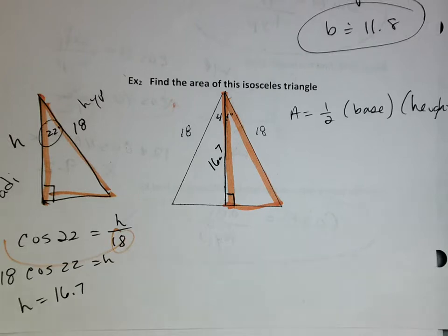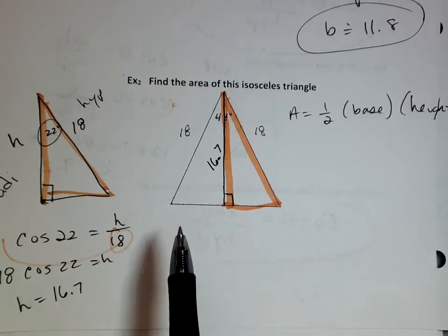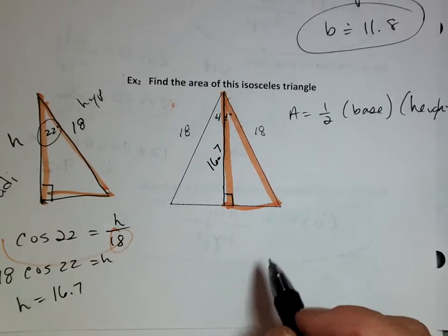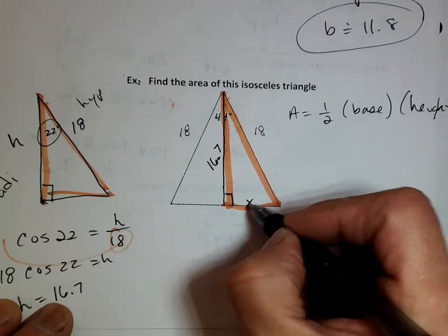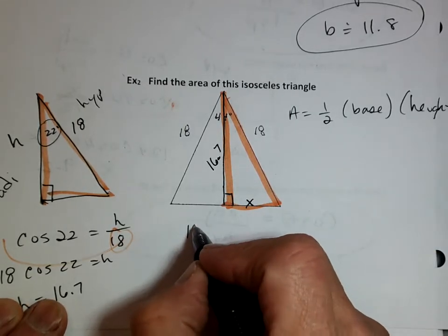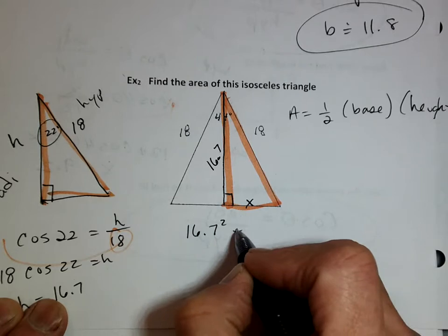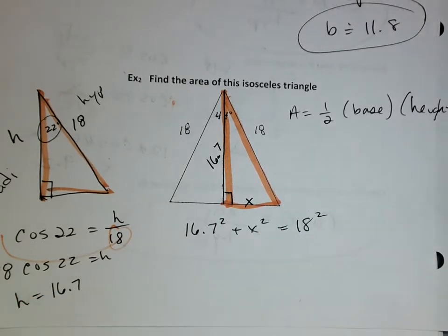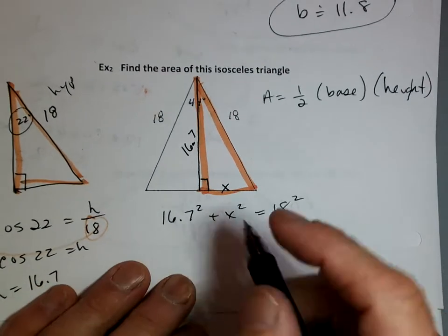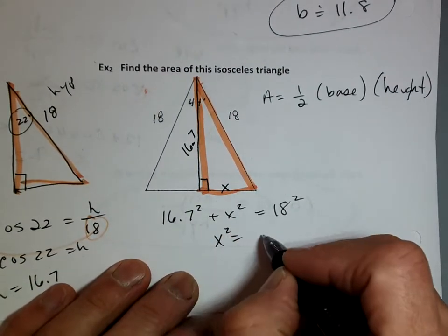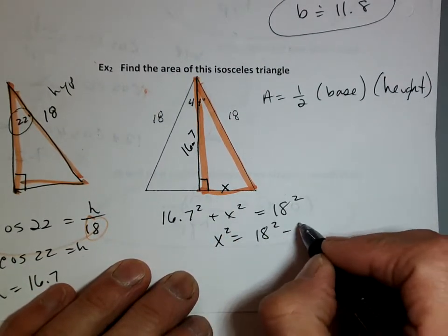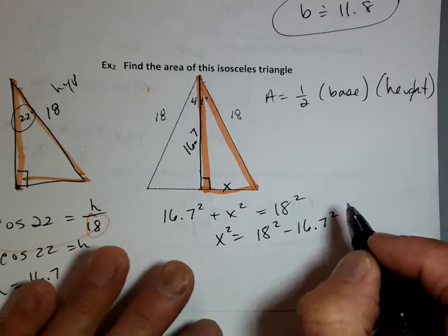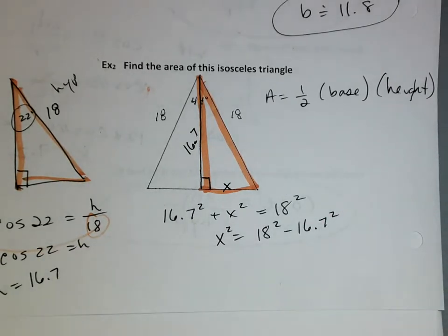I do not know the base. So I could use Pythagoras theorem, sure. Why not? Call this x. And I go 16.7 squared plus x squared equals 18 squared, right? I'm going to skip a step, but I think you'll be okay with that: 18 squared minus 16.7 squared. I'm just going to let my calculator do that.